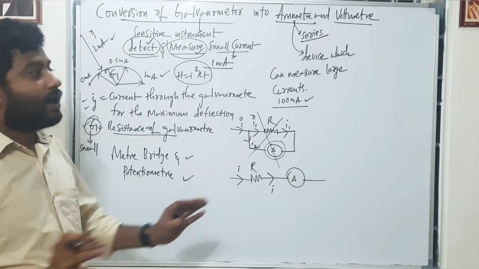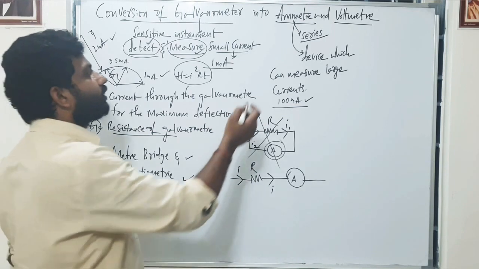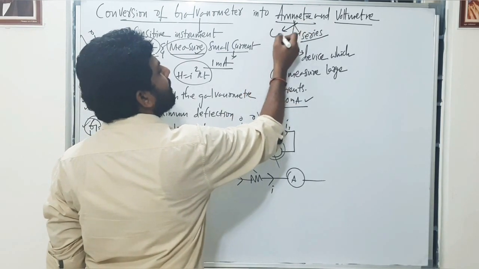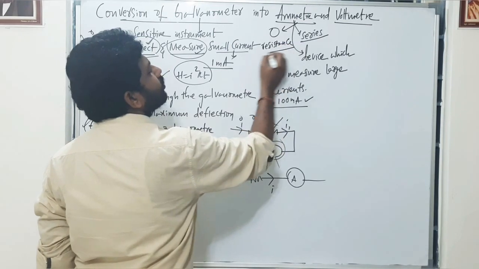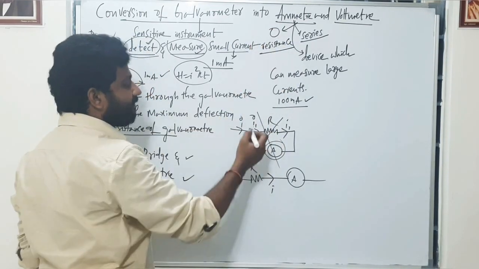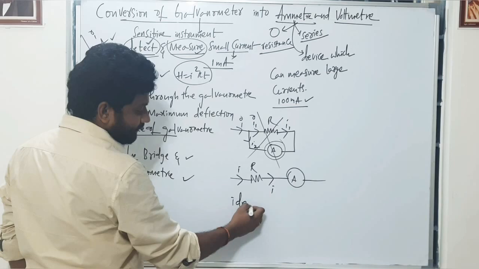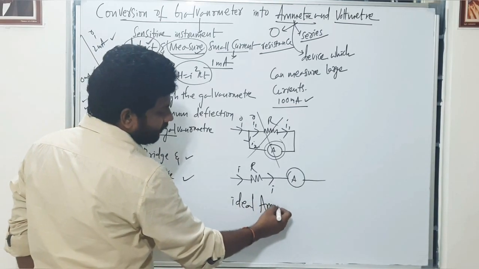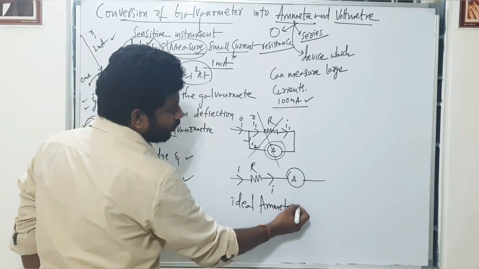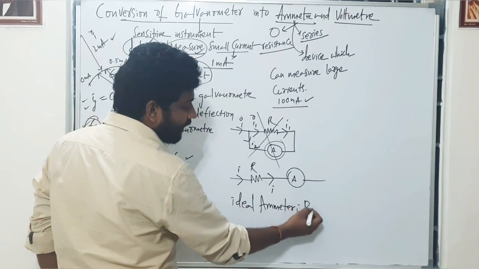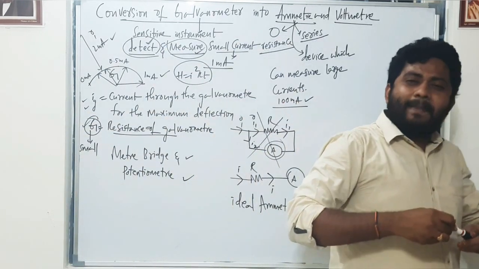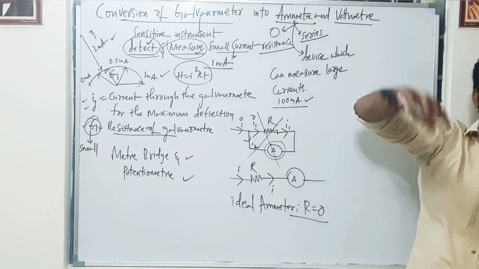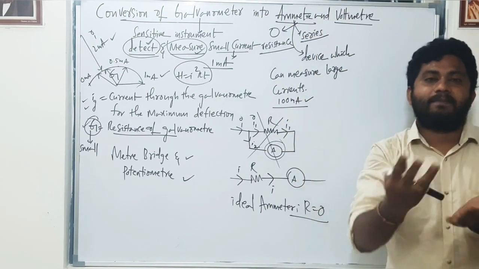Okay, clear? And one more important point here: an ammeter must have zero resistance, remember. The ideal ammeter will have zero resistance. When the resistance is zero, what happens? A maximum amount of current passes through that ammeter.